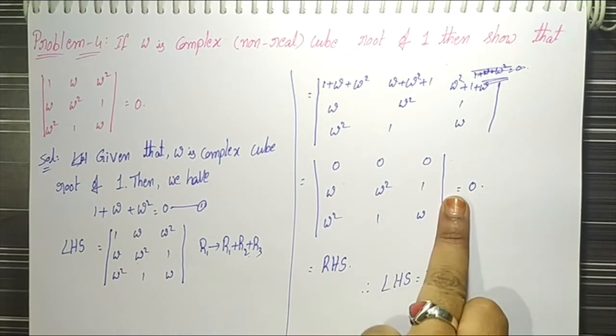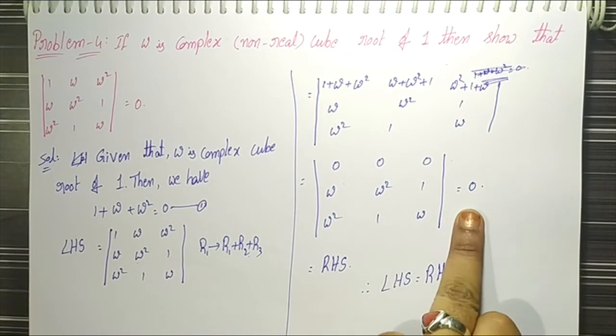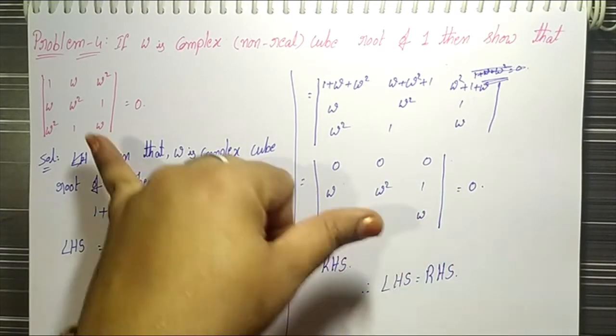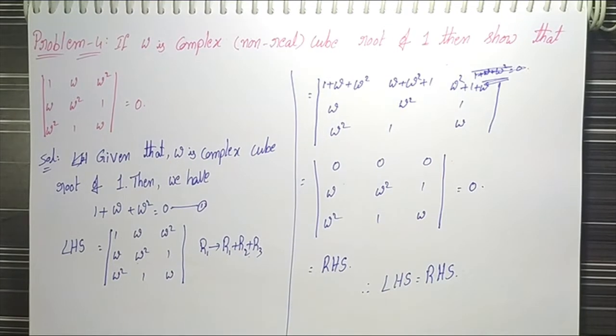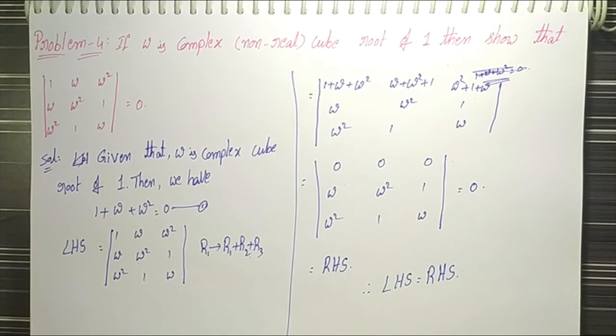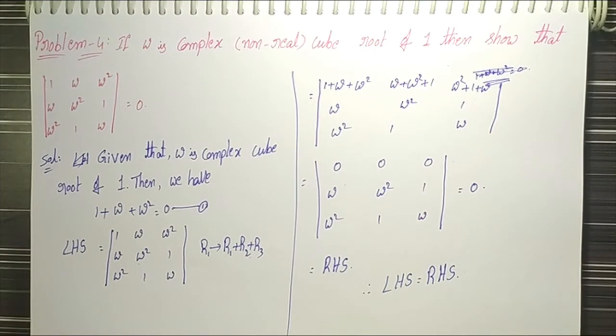By using that determinant property, we write this determinant value as 0. This is nothing but RHS. Then this problem is solved. LHS equals RHS.